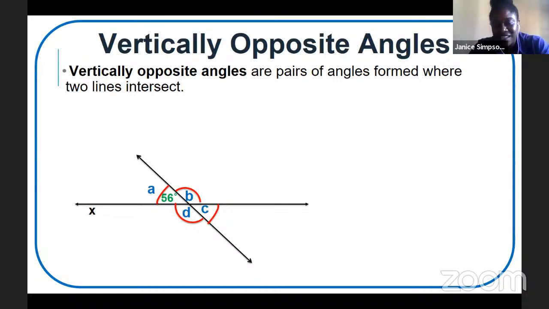Excellent. So we see that angle C is adjacent to angle A on that straight line. So 56 degrees from Benika and Rikia, those answers are correct.